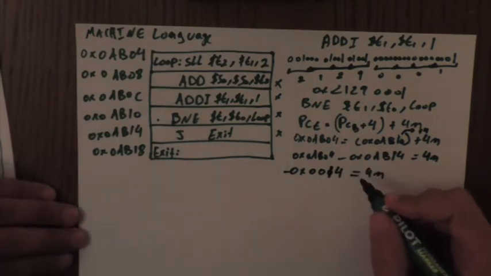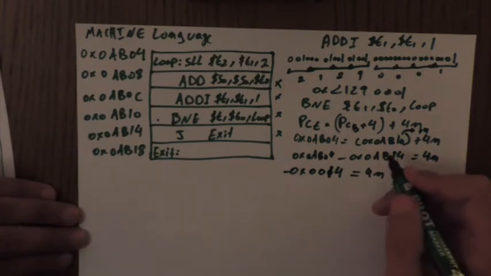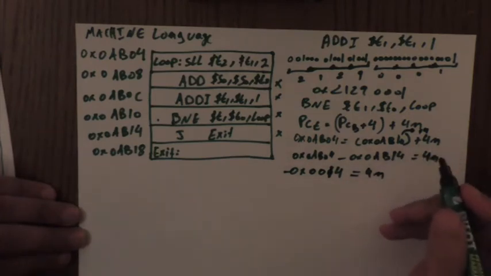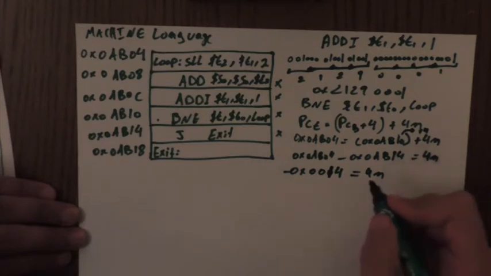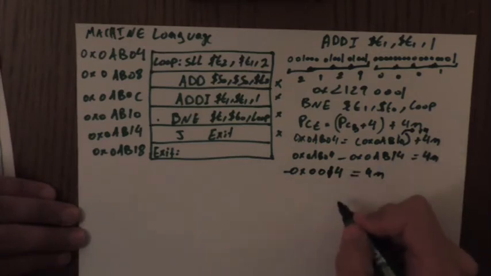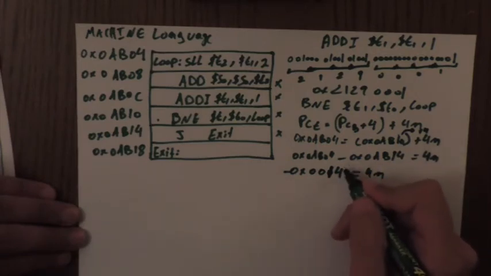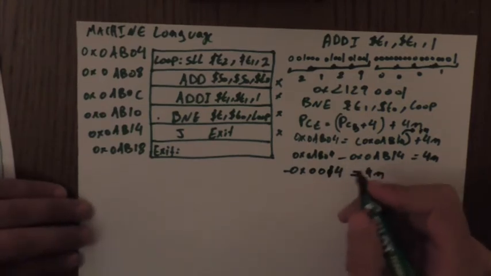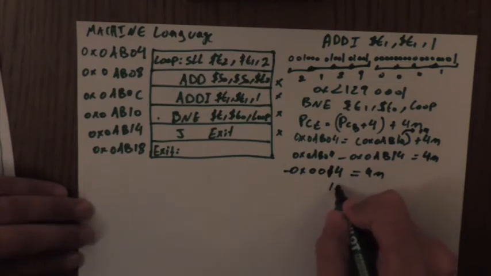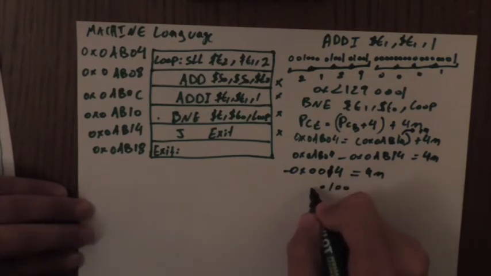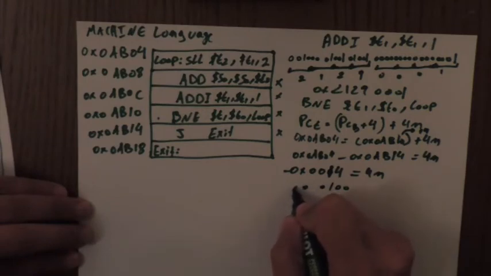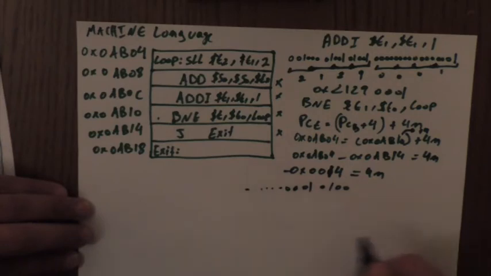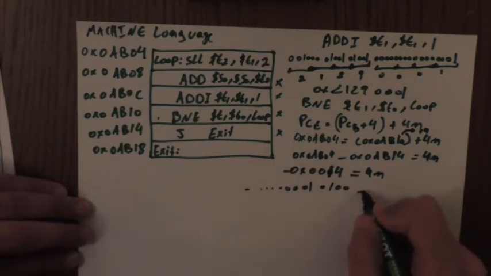Now if I want to divide this by 4, I just shift it right two places, or I can just divide. We cannot just do a simple division like this, so if I want to do it manually, this is 1 0 0 and this is 1, and we have zeros, this is minus, so I can shift it twice to the right.